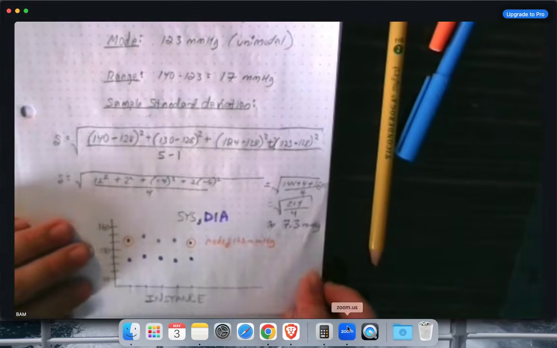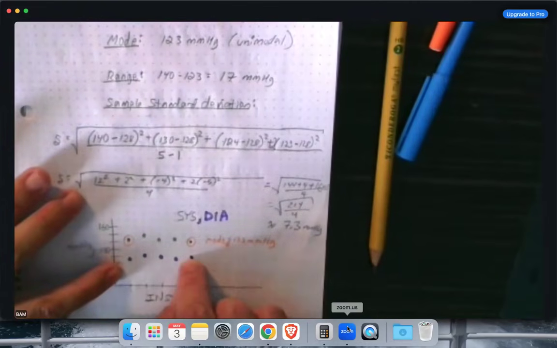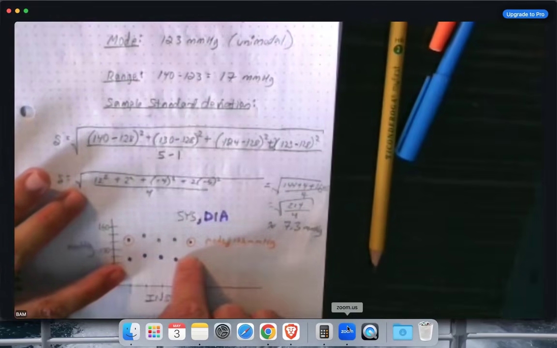If I wanted to keep going, I could compare this to the standard deviation of the diastolic. And what do you think would happen? The variability in the diastolic was less, so the standard deviation would be less there.